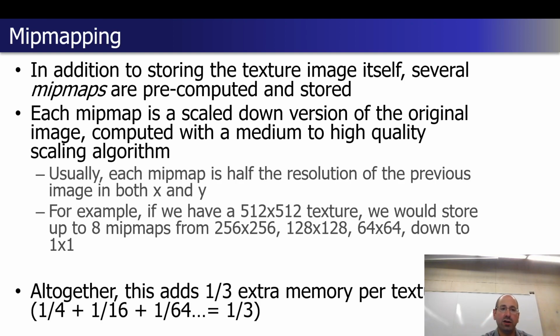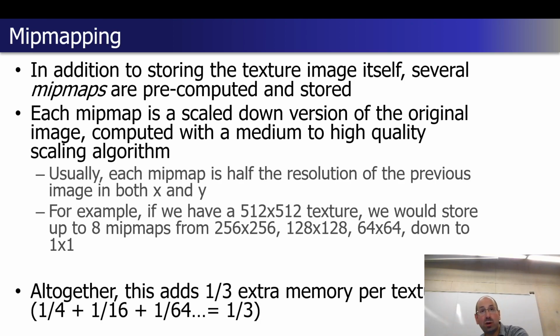The idea is that instead of just storing the texture you intend, you actually store multiple, either manually offline or allowing the software infrastructure to generate for you, to pre-compute a texture map of a certain size and texture maps of subsequently smaller sizes.